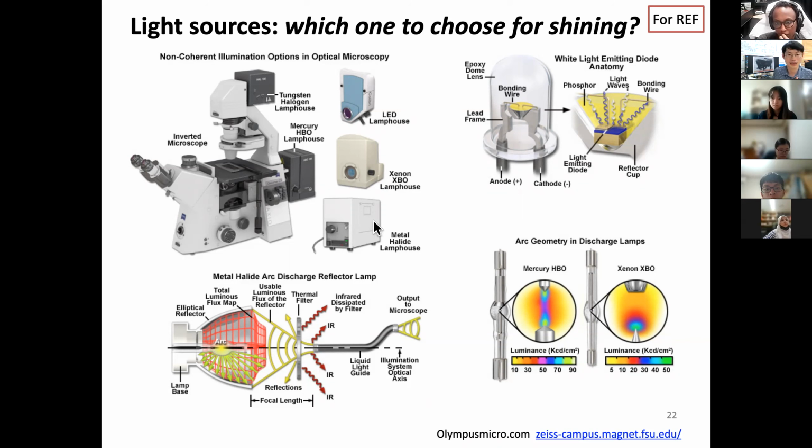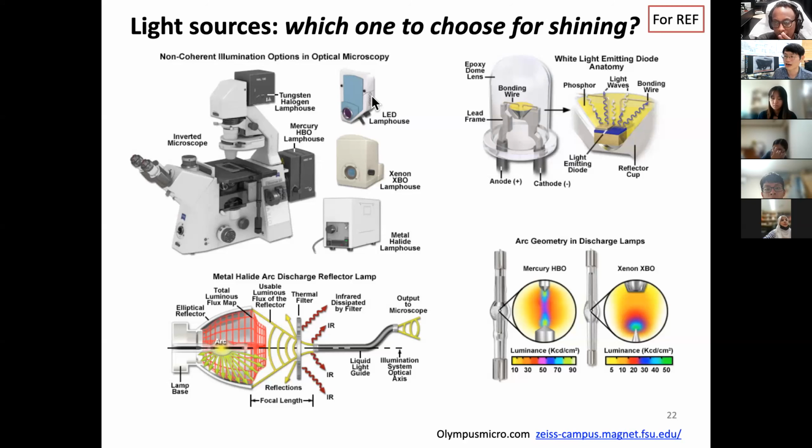In this metal halide lamp, you have a nicely designed elliptical reflector, which focuses down to couple your light into a liquid light guide, so that it can be a little flexible. You have this nice liquid guide, which you just plug into your microscope, and that will work.